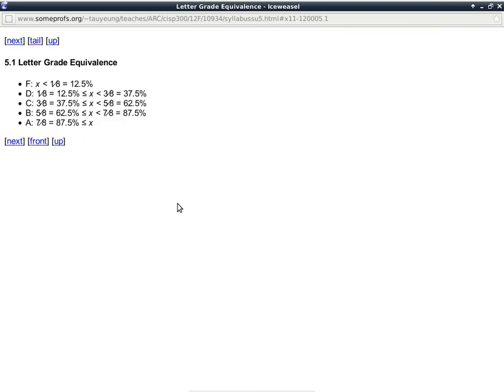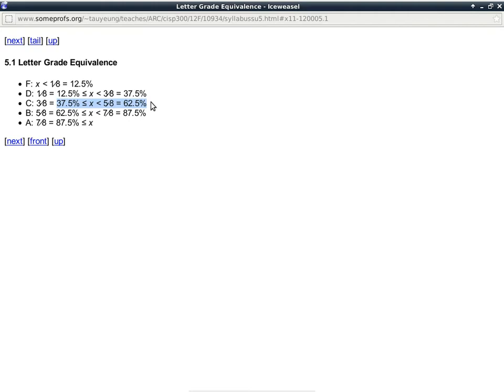Grading. Good news is, to get an A, it is 87.5% or more. I'm reading from the bottom up. To get a B, it is between 62.5% and 87.5%. To get a C, which is what you need for the next class. Question? Go ahead.